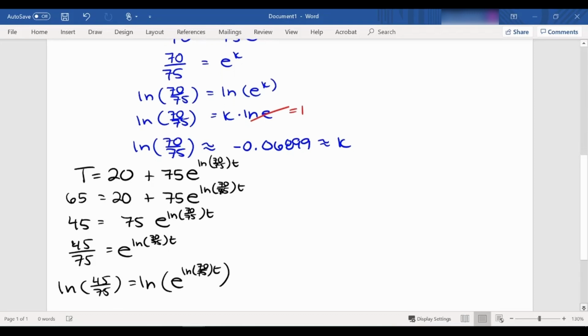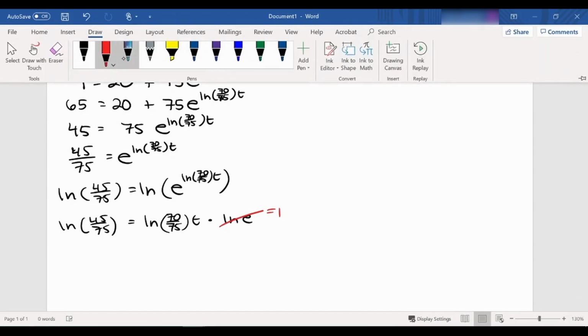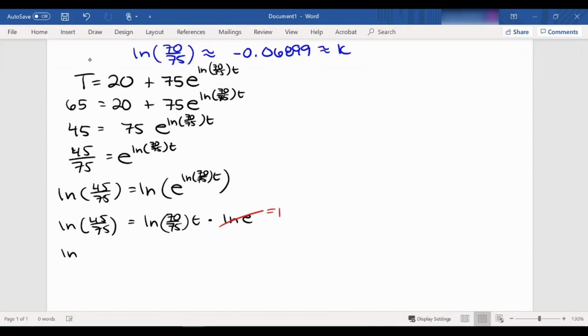Bring the exponent down in front. Ln e is 1. Divide both sides by the ln 70 over 75. And plug that into our calculator, and we get that t is approximately 7.404 minutes.